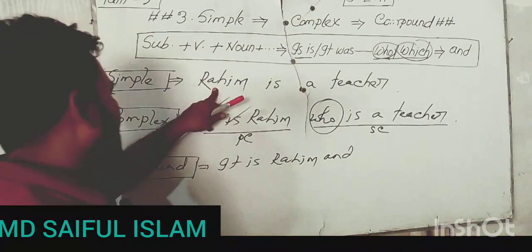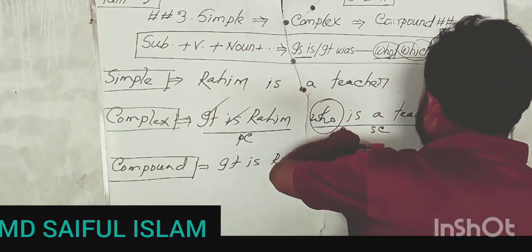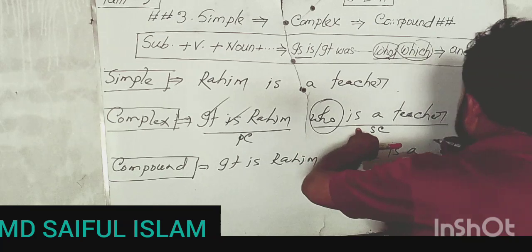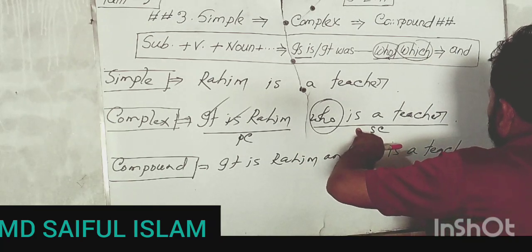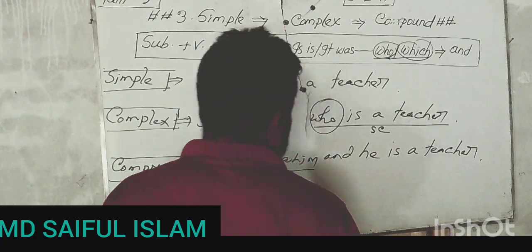Here the subject is Rahim, and the pronominal form of Rahim, of course, is he. He is a teacher.